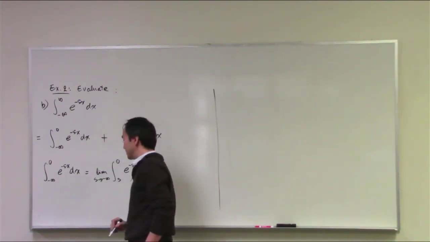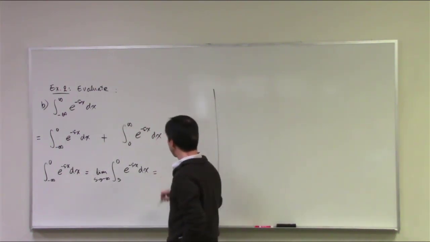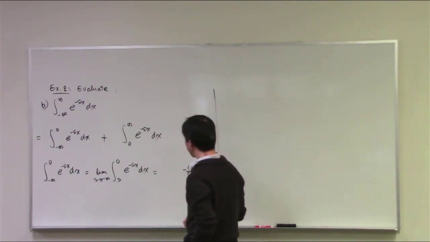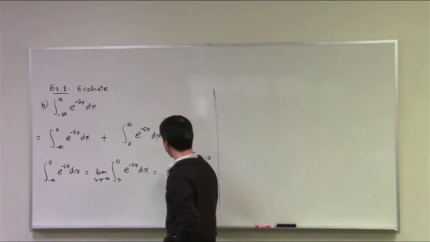And this integral here is quite simple, so it's going to get negative 1/5 e to the minus 5x. That's the antiderivative. We're evaluating that from s to 0 over here, with the limit as s goes to minus infinity.